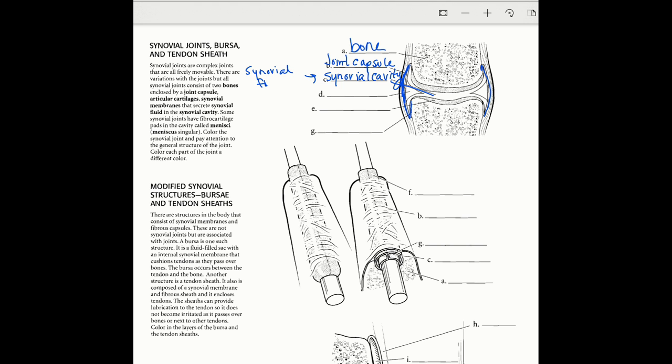This is going to allow lubrication in the area, as well as not necessarily shock absorption, but a bit of cushion. These little triangles here are sections of ligament known as the menisci, or the meniscus.